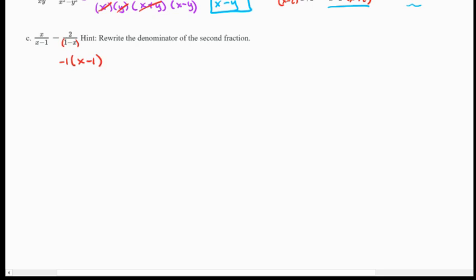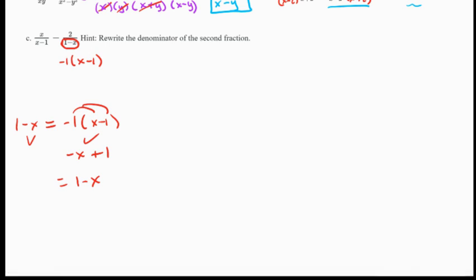Technically 1 minus x is equal to negative 1 times x minus 1. Just to show you, if I distribute that, it becomes negative x plus 1, which is the same thing as this. So these two things are equal, and I'm just going to rewrite that and pull out that negative 1 to the front.